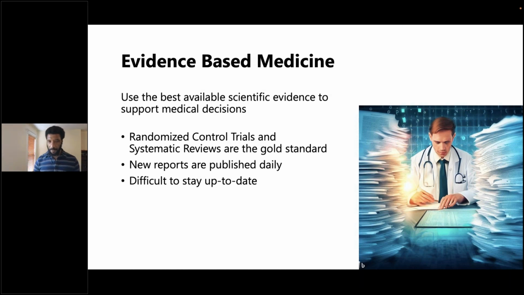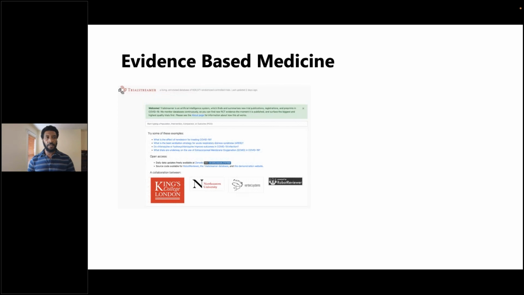And so there has been interest in approaches that can automate the process of inferring relevant information from these randomized control trials. In particular, Trial Streamer is this project by one of our colleagues at Northeastern, Byron Wallace, that ingests newly published evidence and then uses a set of machine learning models to extract relevant information from these reports.